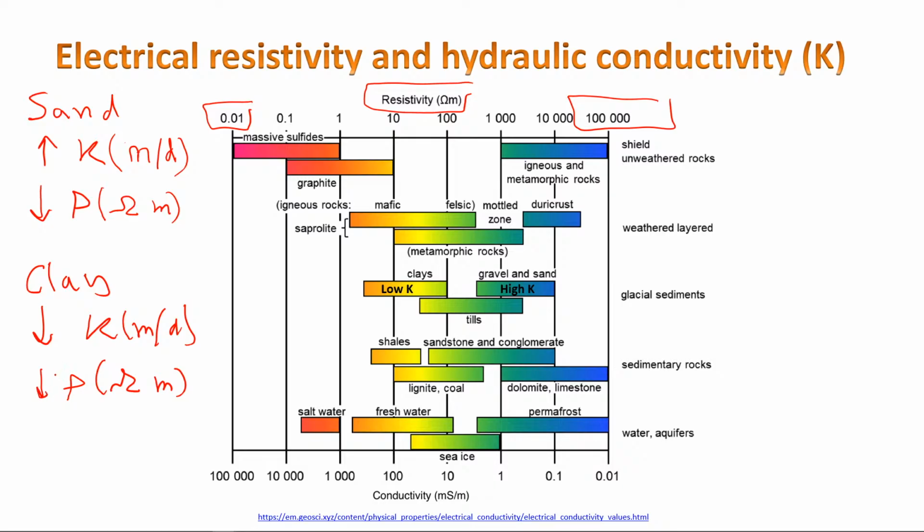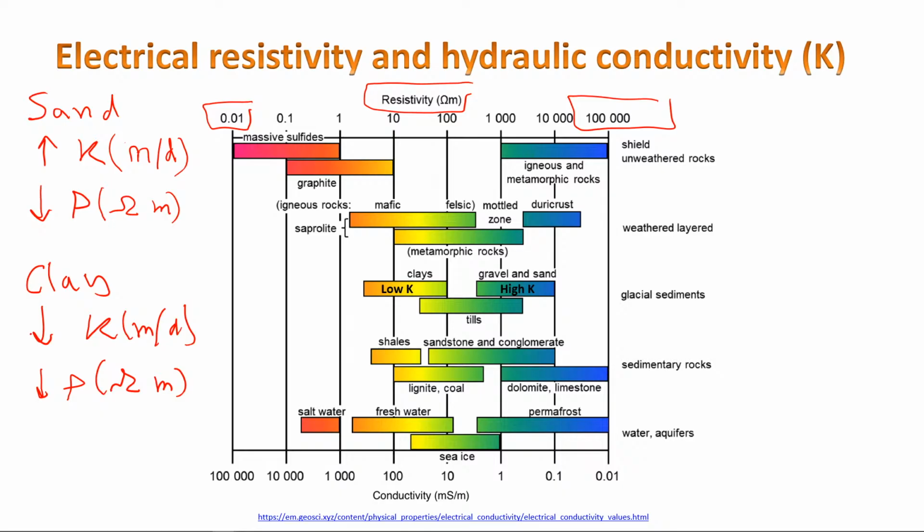I mean, clay has low resistivity, which means it has high electrical conductivity. High electrical conductivity means what? Low resistivity, and it has low hydraulic conductivity.